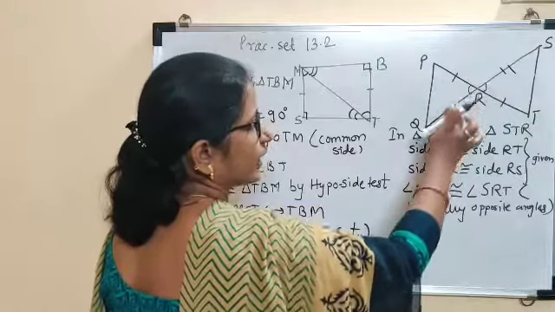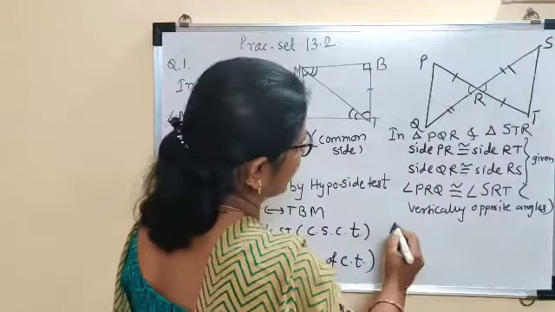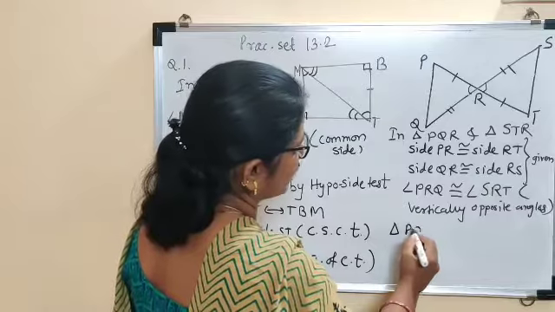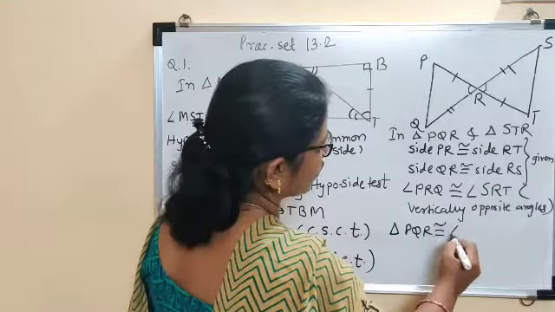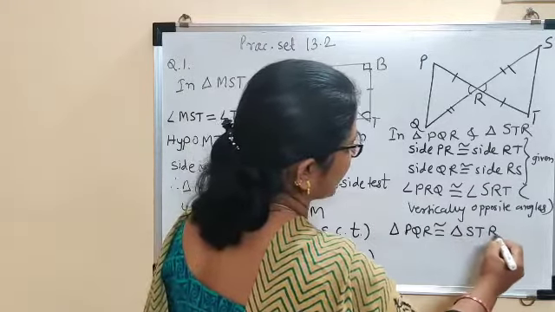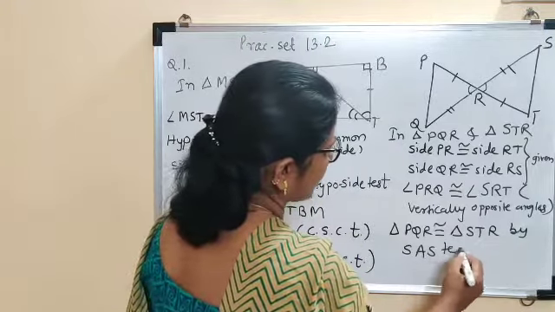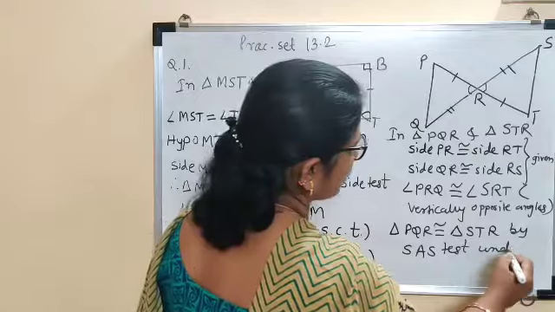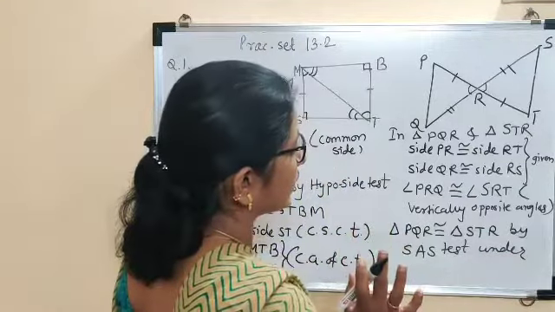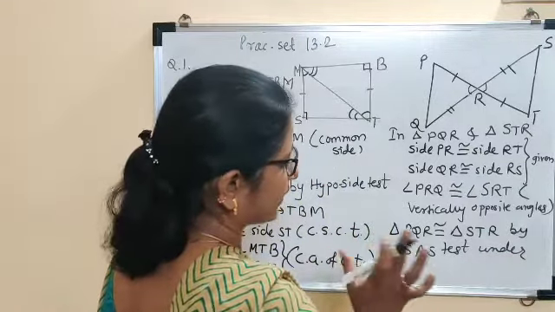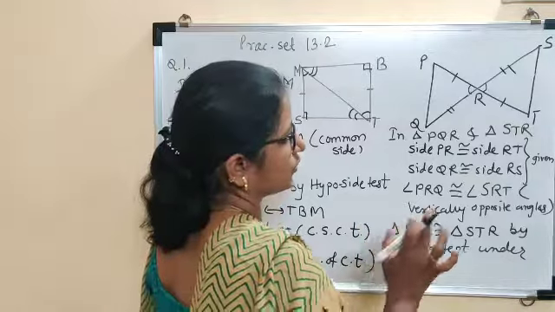So by the SAS test these two triangles are congruent. So triangle PQR is congruent to triangle STR by the SAS test. Under which congruency? Now write the congruency correctly. The triangles' same names will not be the congruency.